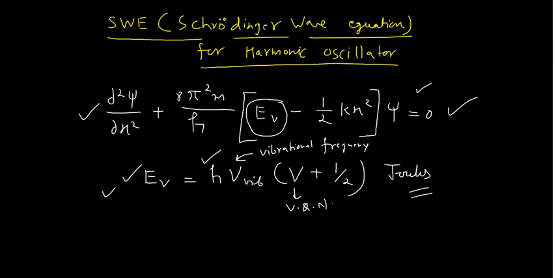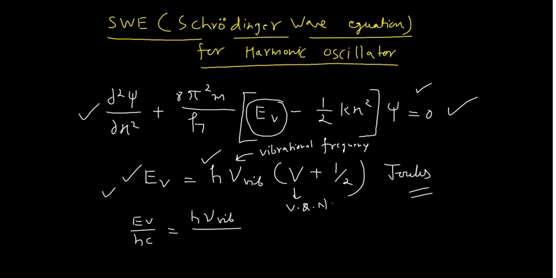So what you can do, you can convert. See, in IR spectroscopy, we are not interested in the energy in joules, but we are always interested in energy in the form of the wave number, that is in centimeter inverse. If you want to convert this into centimeter inverse, you can divide this equation by hc. h is the Planck constant, c is the speed of light, and h nu wave is already there.